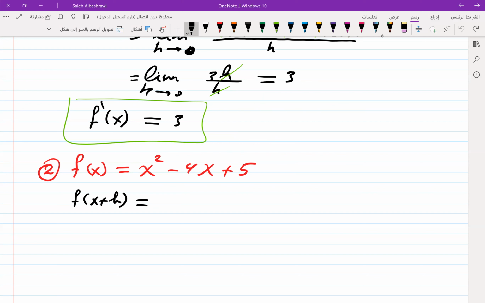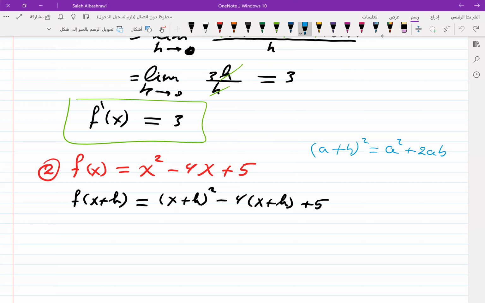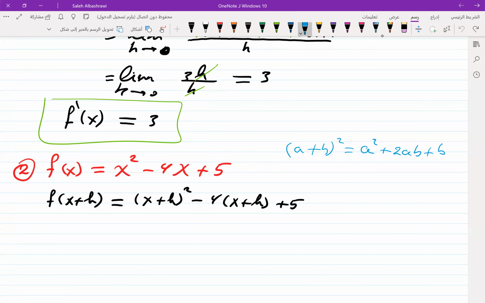It means replace any x by x plus h. So the first one, (x plus h) squared minus 4 multiplied by (x plus h) plus 5. We have this identity, (a plus b) squared is equal to a squared plus 2ab plus b squared.